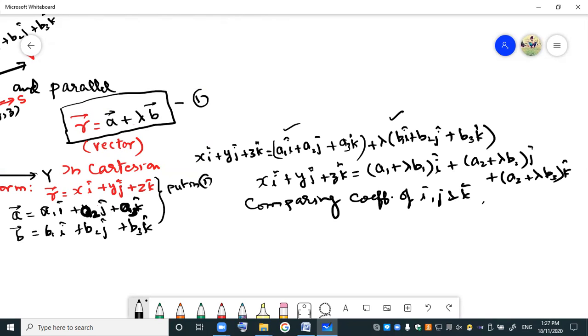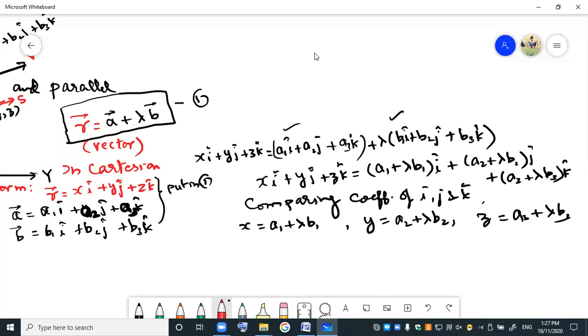So we get x is equal to A1 plus lambda B1, and y is equal to A2 plus lambda B2, and z is equal to A3 plus lambda B3. Okay.